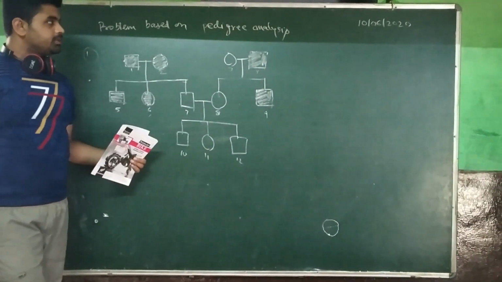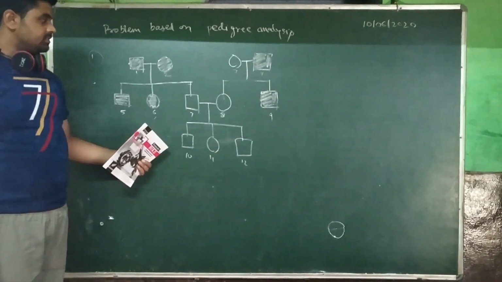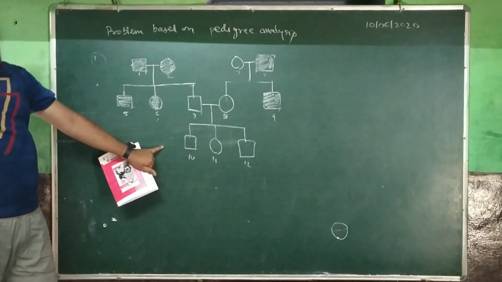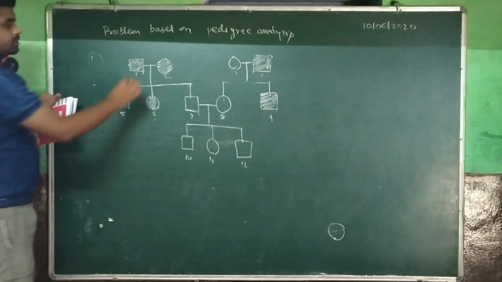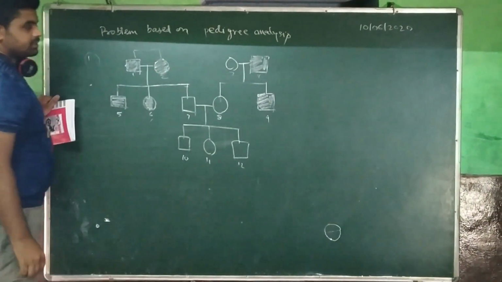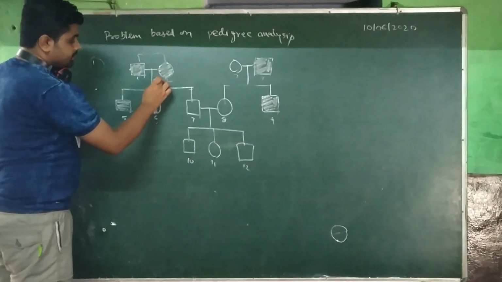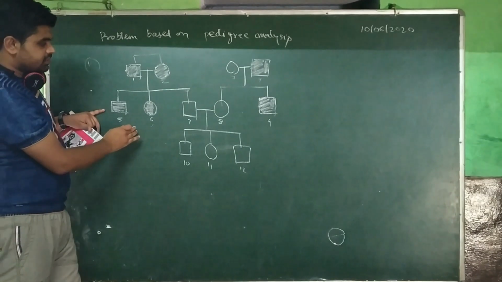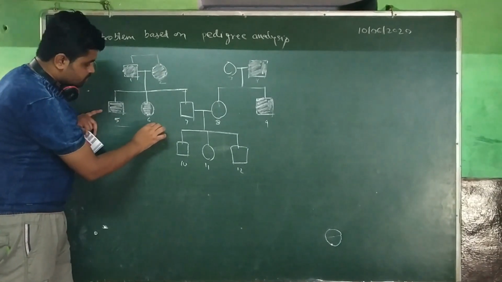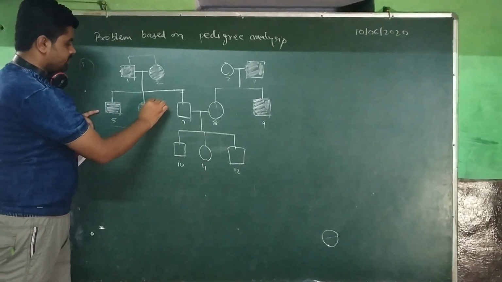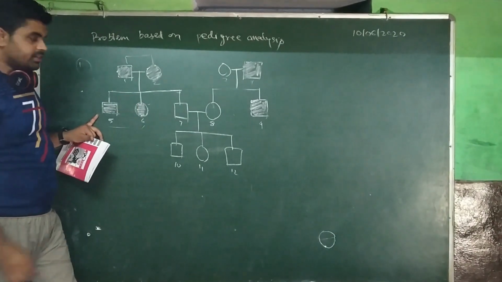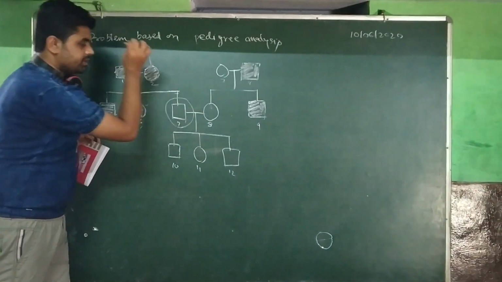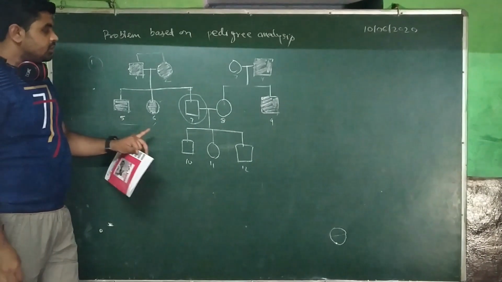The first problem based on pedigree analysis. It is the family chart of a family in which both parents of the first generation are affected, and their children are a daughter and a son. Both are affected and have an unaffected child.